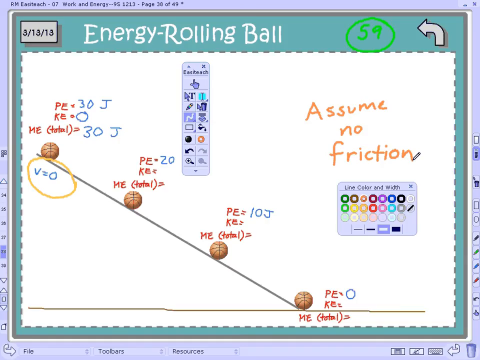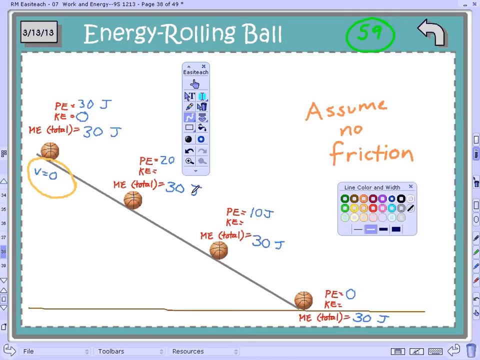So you can always assume no friction. If there's no friction, the mechanical energy, once you get that, you can fill in 30, 30, 30, all the way down. The mechanical energy stays the same. You learned about that law of physics in several different science classes up to this point.